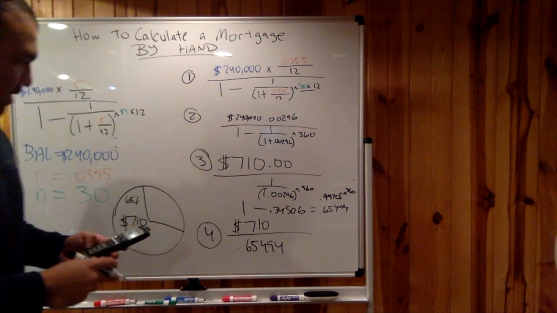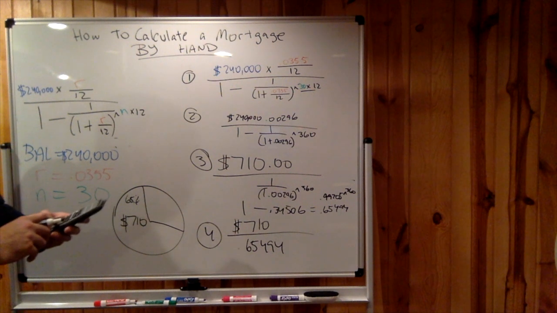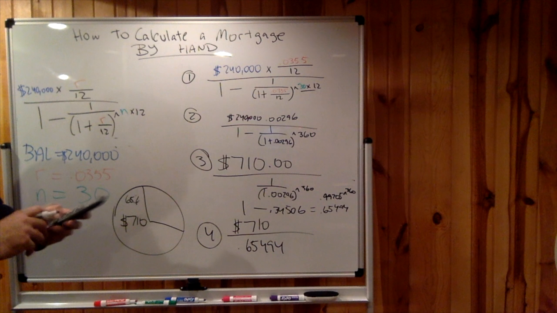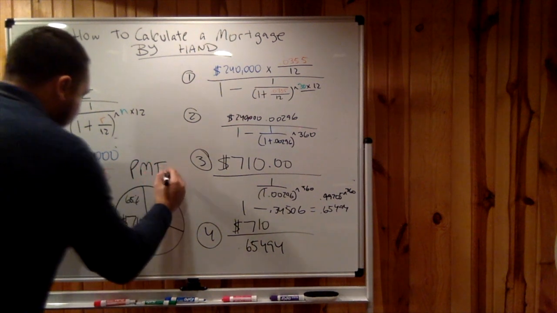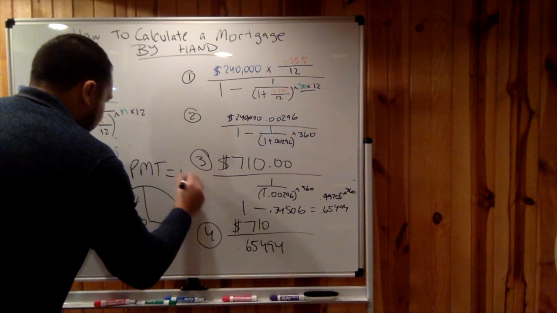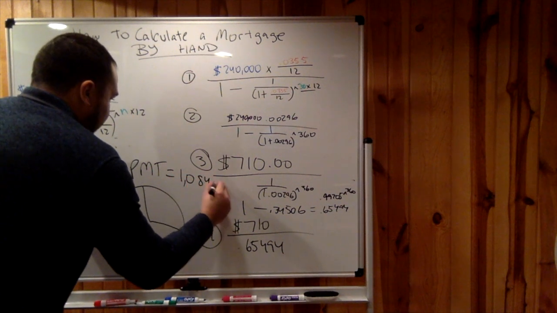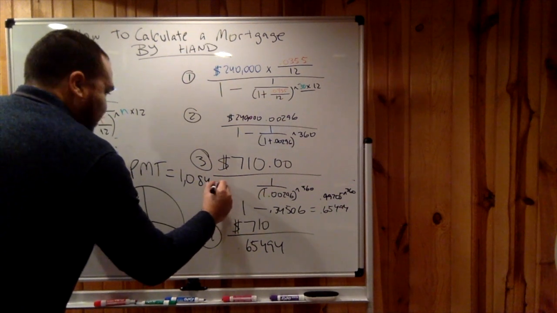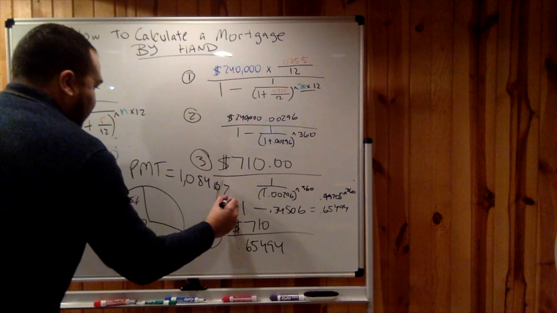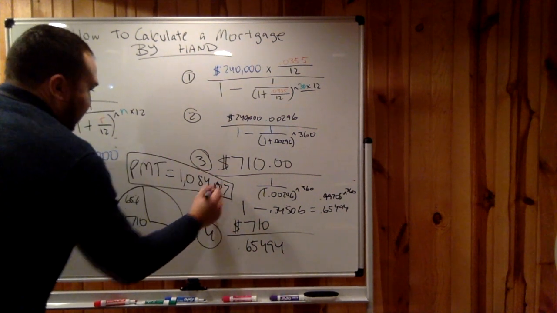So let's divide 710 by 0.65494. And that gives a payment of $1,084 and 7 cents. So that's your payment every month.